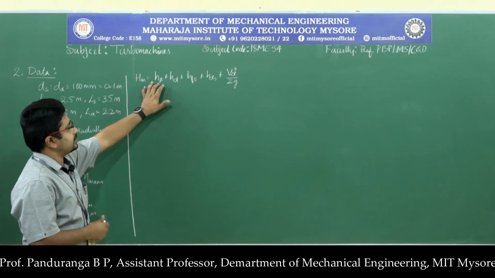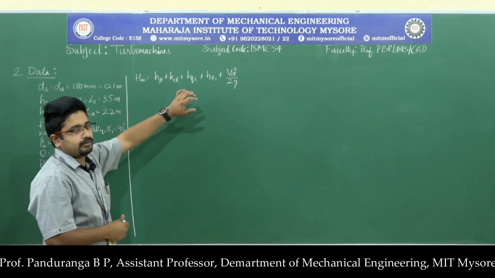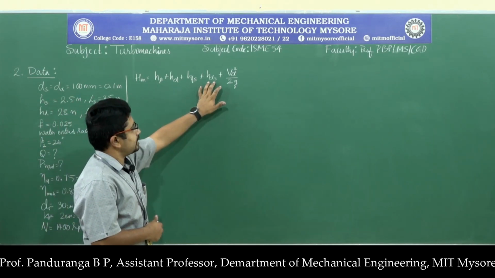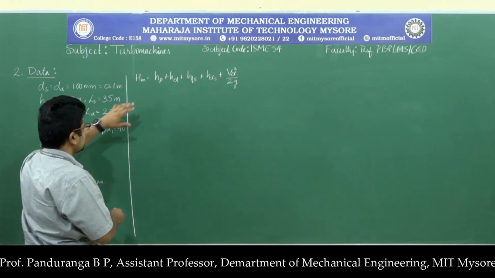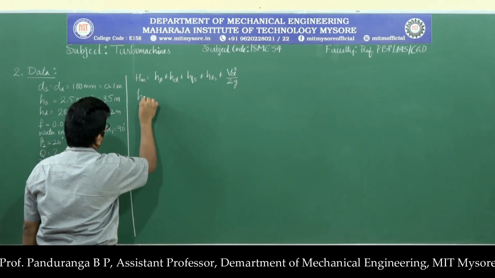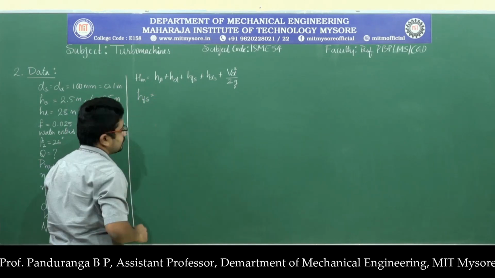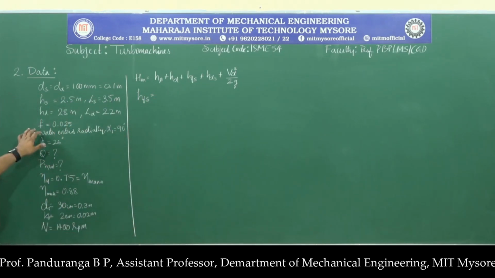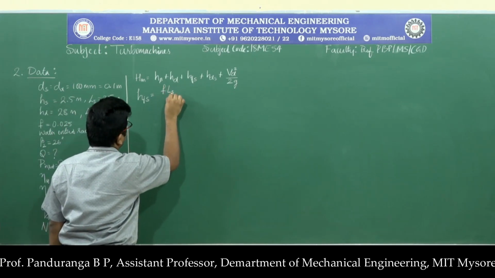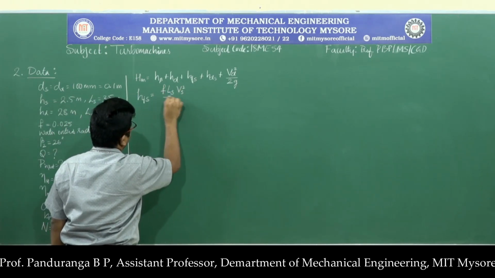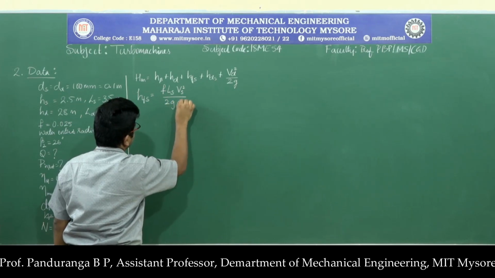We know the value of Hs, Hd. Now we need to find out Hfs, Hfd and Vd square by 2g. So let us write Hfs, which is equal to, here he has given the friction factor, so I will write it as f Ls Vs square divided by 2g into ds.